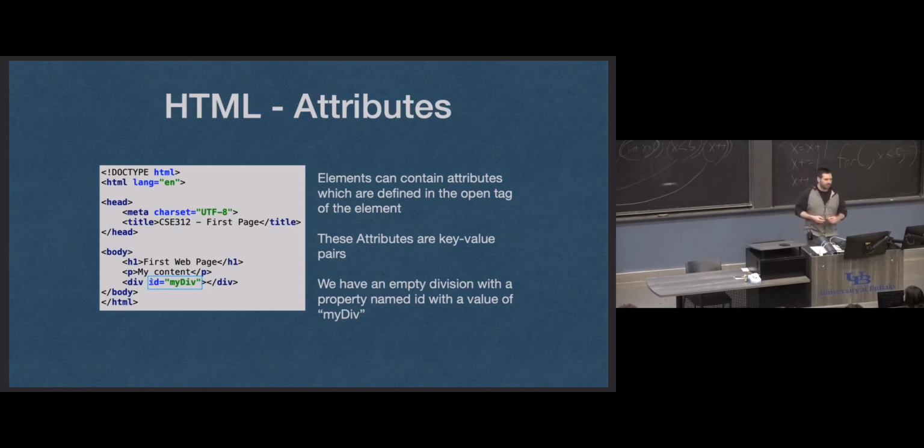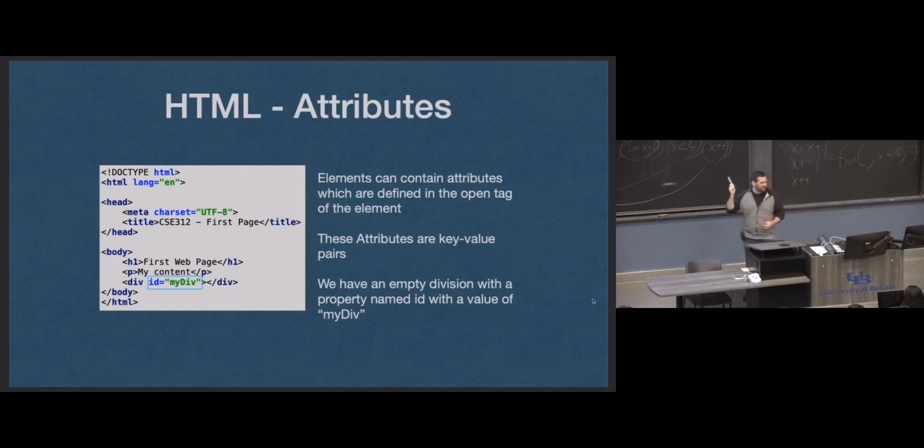I only have one per element here. But this div element has an attribute named id with the value myDiv. My meta tag has an attribute charset with the value UTF-8. And my HTML tag has the attribute lang with the value en. So we can add extra attributes to our elements. So this open tag, closed tag syntax is very similar to XML, but XML, to my knowledge anyway, doesn't have a way to add attributes.